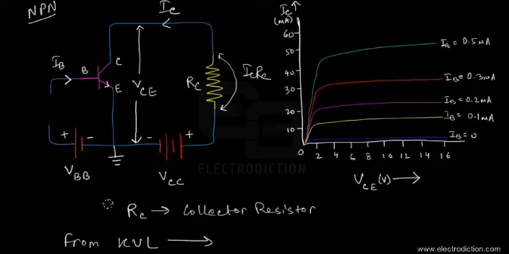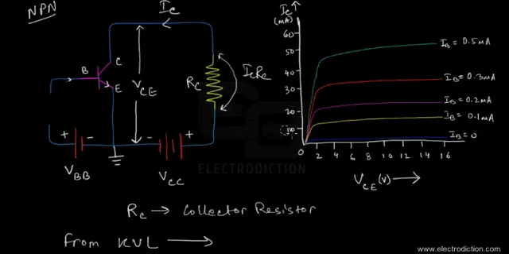So there won't be any input base current. Since there's no input base current, there won't be any collector current flowing in the output loop as well. Why is that so?